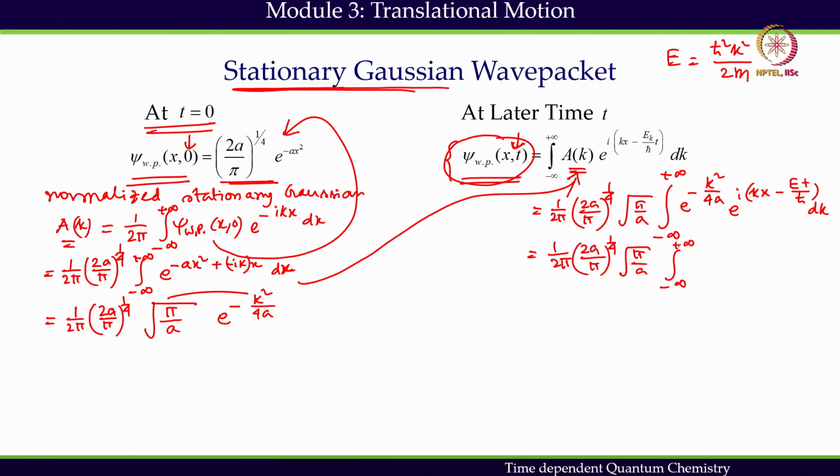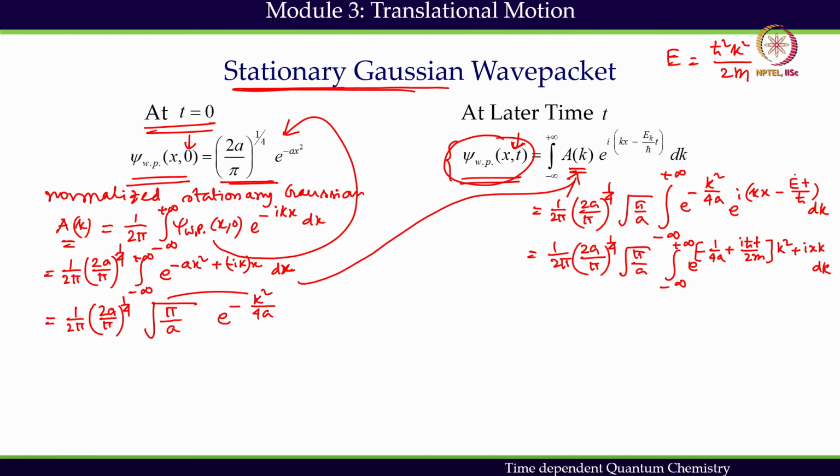Minus infinity to plus infinity, e to the power, I will rearrange in the following way, minus 1 by 4a plus i h cut t by 2m, times this k square, plus i x k, dk.